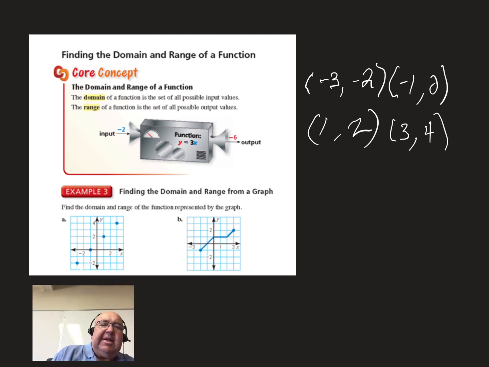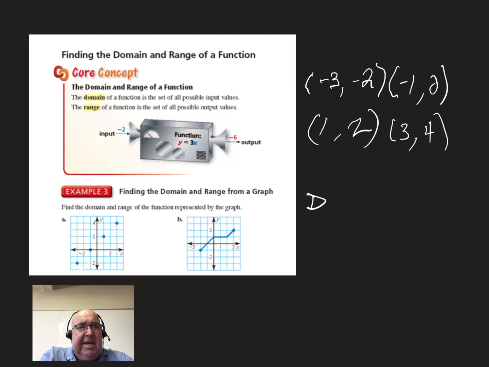Okay, example B shows what is called a continuous line, meaning that there's numbers in between 1 and 2 where this is a function. So you can put in decimals, you can put in halves, things like that. So we're going to use our inequality skills, and we're going to say the domain goes from -2 to positive 3.